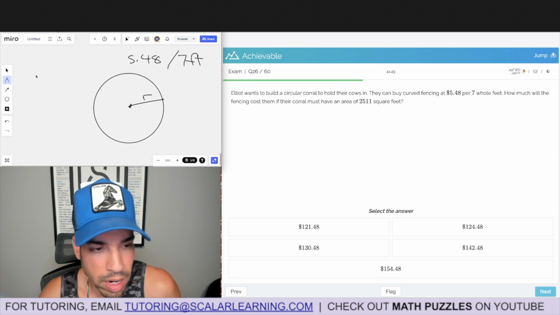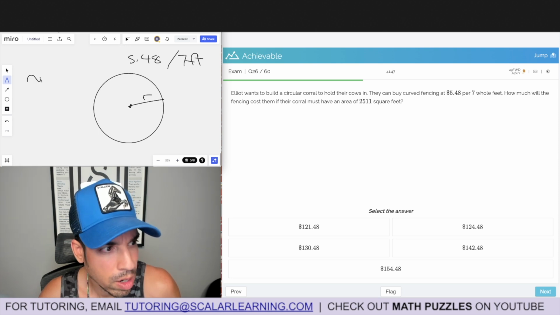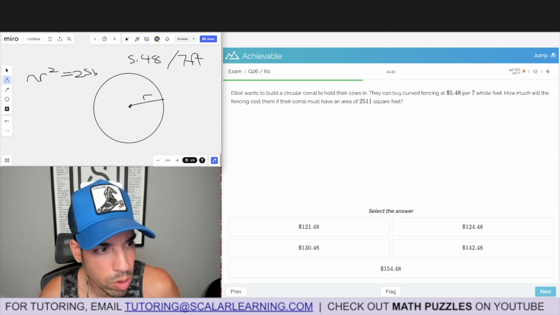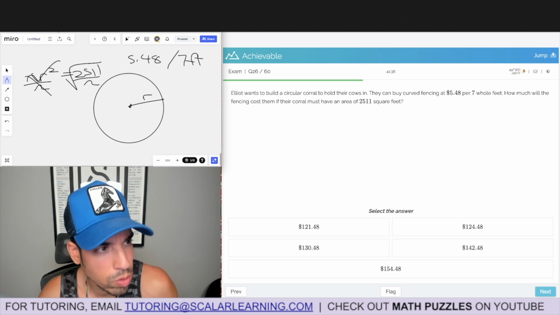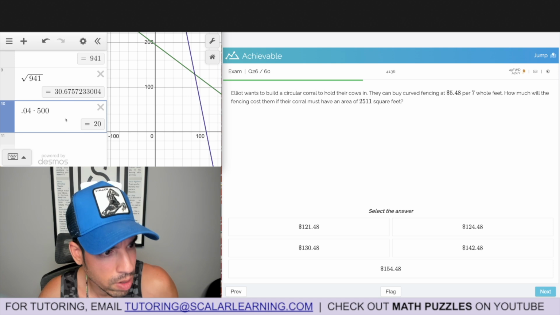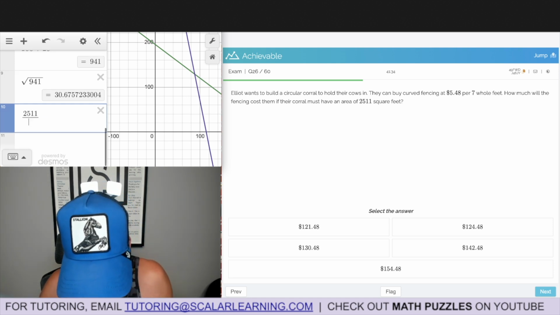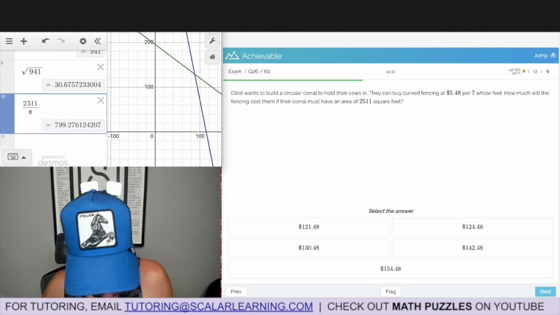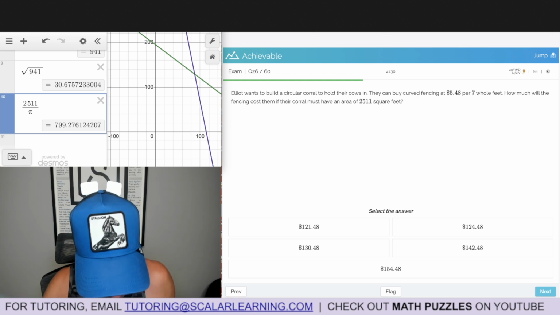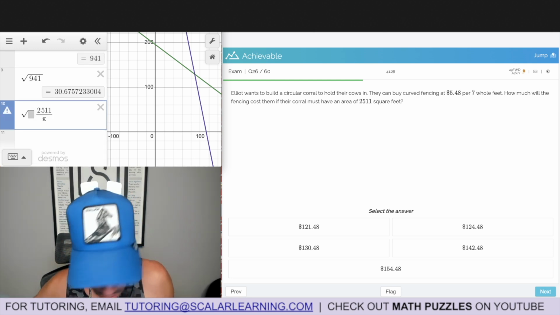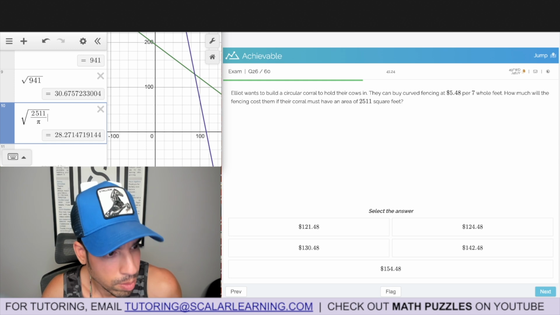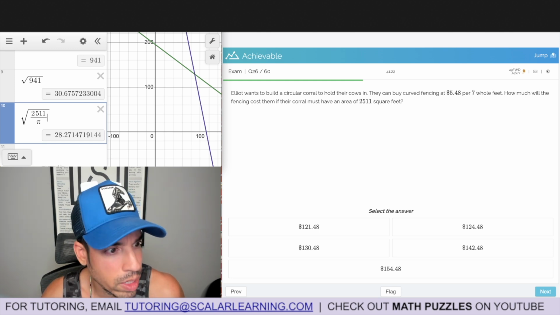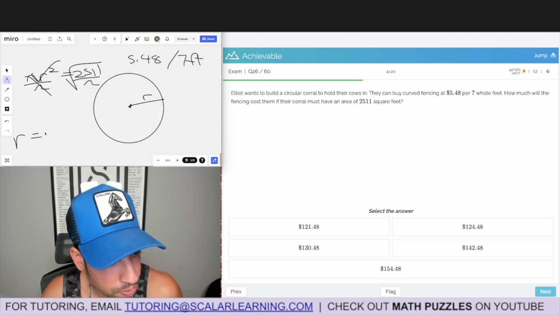So we need pi r squared equals 2511. We can solve for r by dividing by pi and then taking the square root. So 2511 divided by pi, and then the square root of this answer. And we get 28.27. So the radius is 28.27.